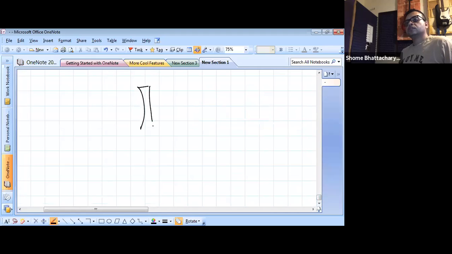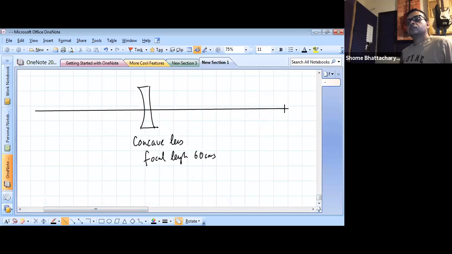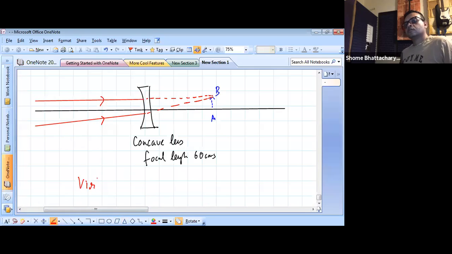So let's say in this example, we have a concave lens of focal length 60 centimeters, and we have incident rays which are, say, converging to a virtual object AB like this. So we have a virtual object AB.